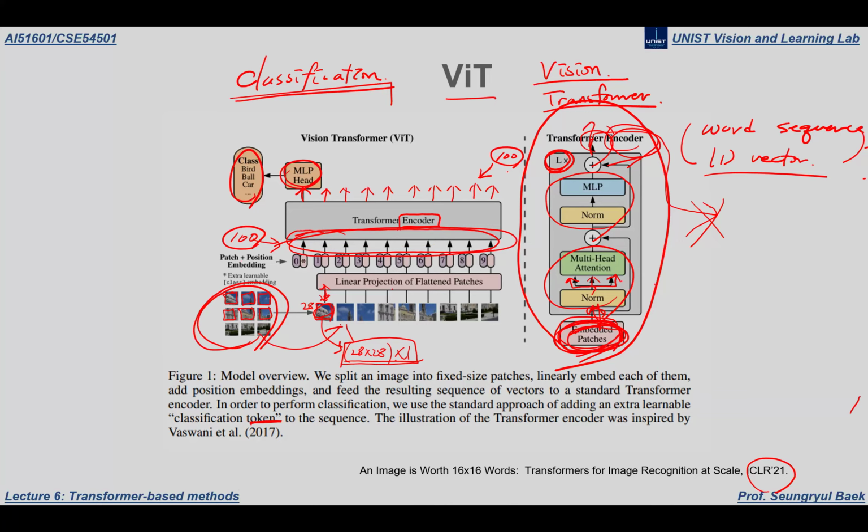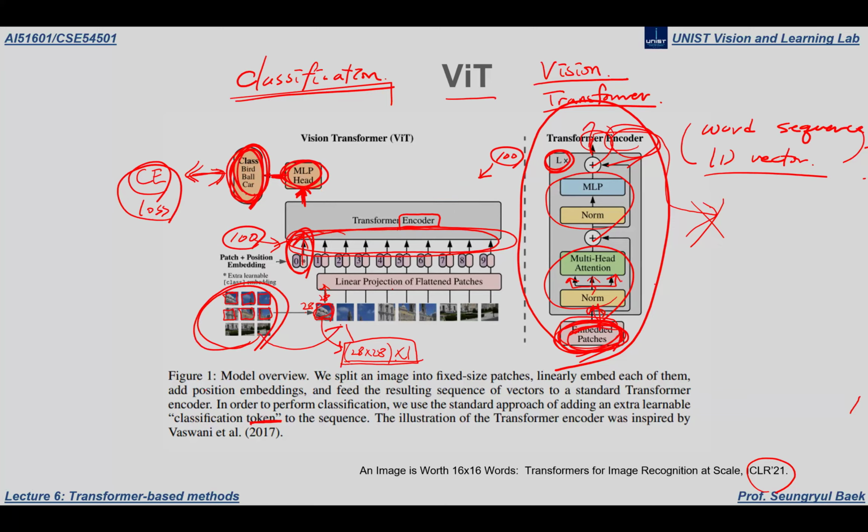But there are no arrows in this output because we will not apply any supervision to it. We will not use this output, but we apply the cross entropy loss. We have to apply that to train the overall deep architecture for the classification task. So we will only apply cross entropy loss to the final vector output from the classification token.